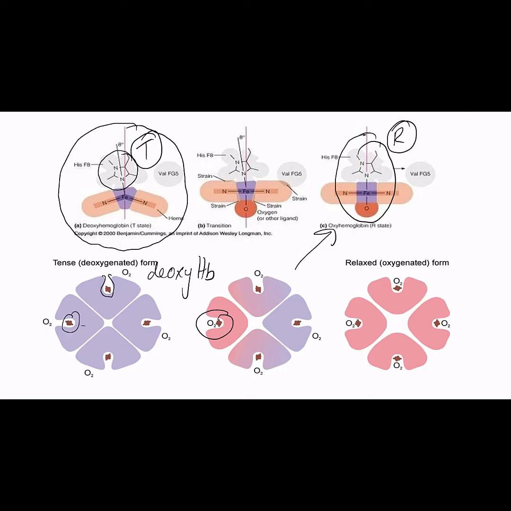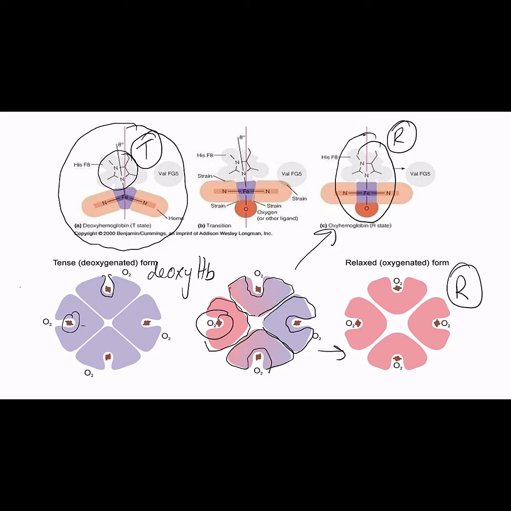That changes the structure of the globin molecule, which subsequently changes the structure of the other associated globin molecules, and that makes it much easier for other oxygen atoms to join the protoporphyrin ring.